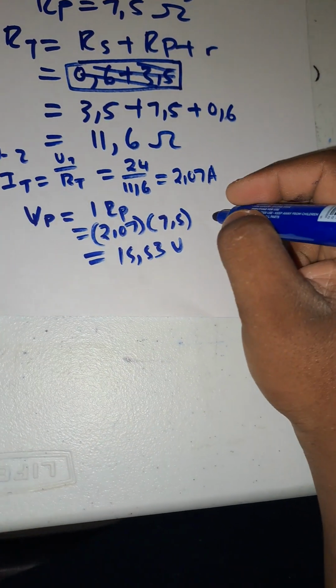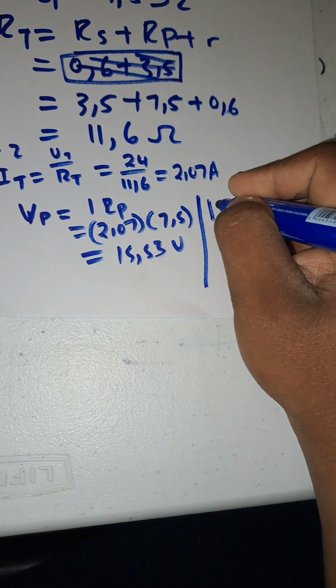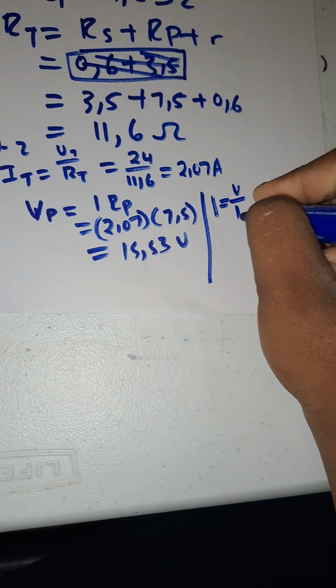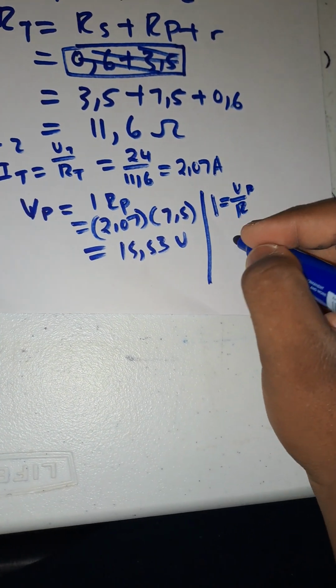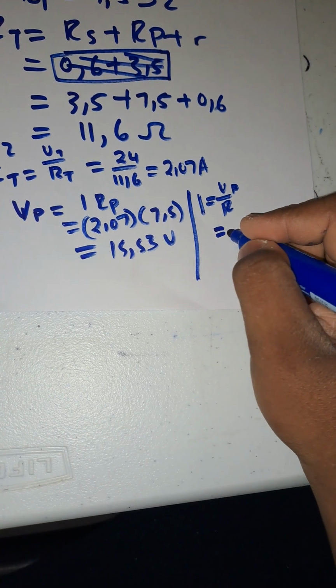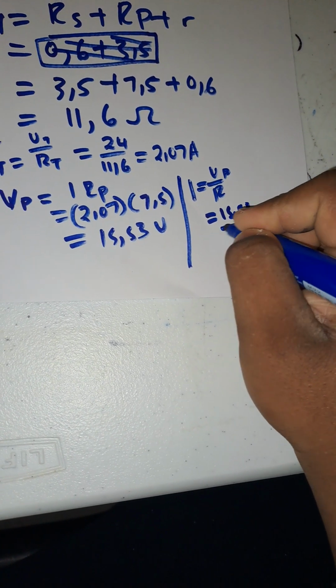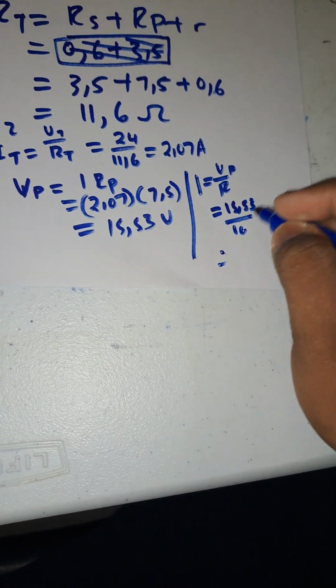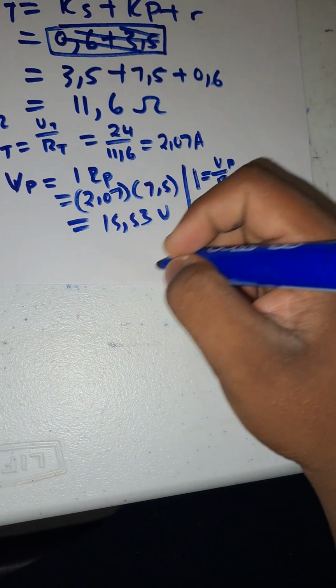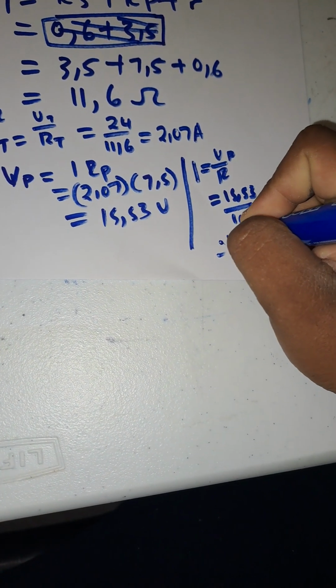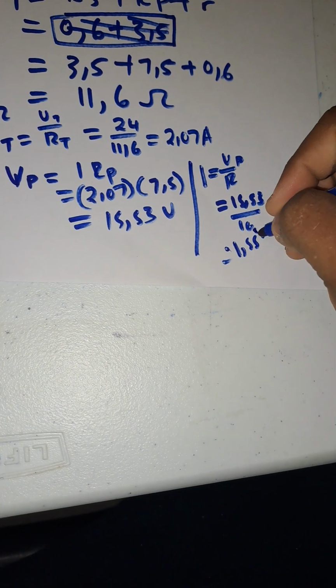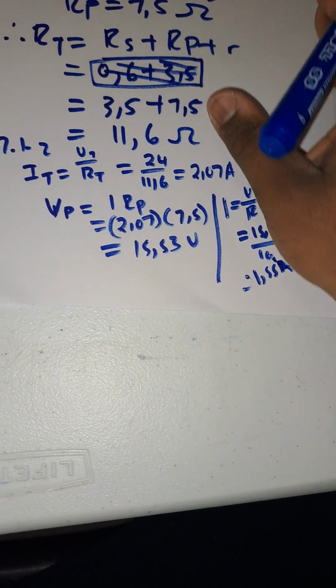And then since I want the current, it equals V over R. Remember, it is the voltage in parallel, which is 15.53 over 10. When I simplify everything, I'll get 1.55 amps. Just simple there.